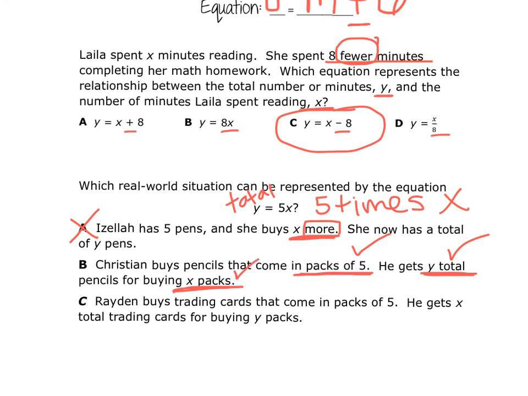Everything checks out here. So I'm going to put a question mark and I'm going to go to C. It says Raiden buys trading cards that come in packs of 5. Okay, the packs of 5 looks good. He gets x total. X is not my total. Y is my total. So that's what's wrong here. Okay, so that's why I'm going to get rid of C as well. And my answer would be B.